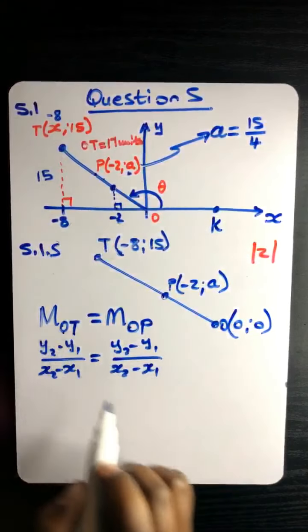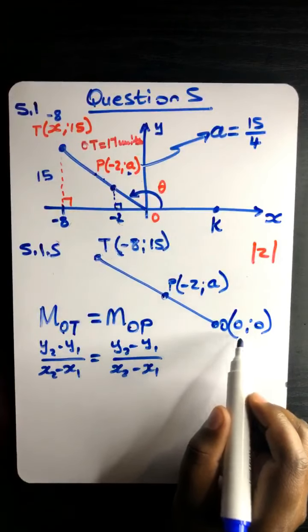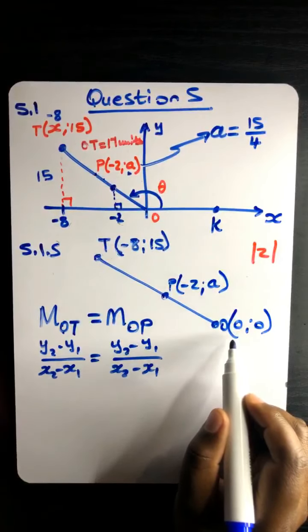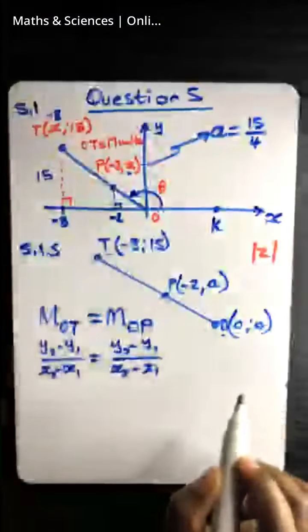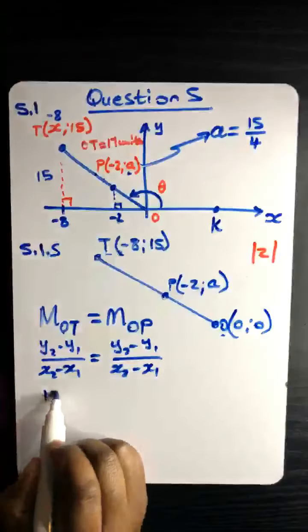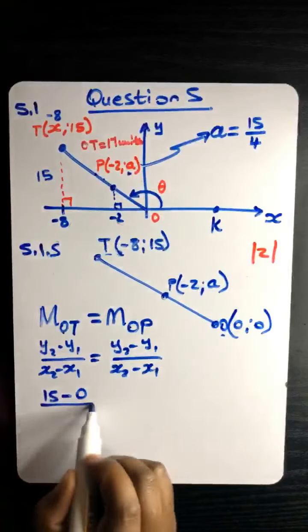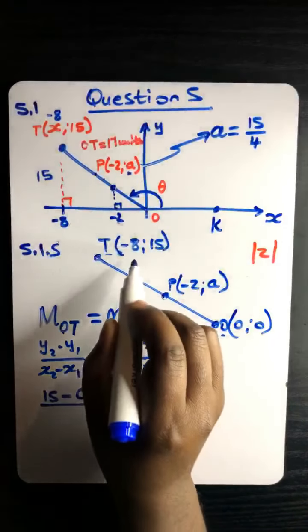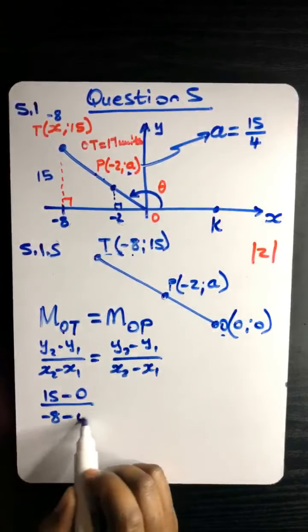Let's see. OT, let's substitute. This being the second values, this being the first value. So what is y2 there? Is it not 15 minus 0 over x2 being negative 8 minus 0?